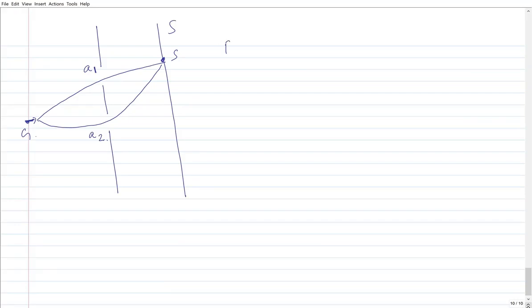So what's my proposition? Proposition A: the electron either goes through slit 1 or through slit 2.